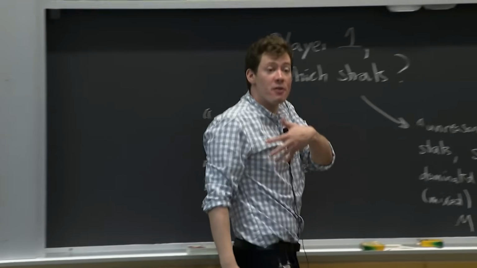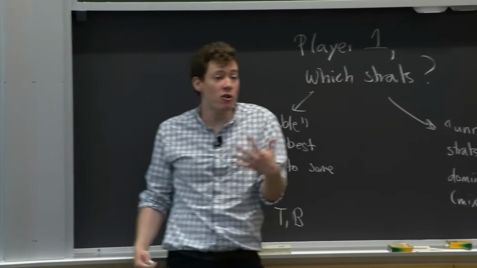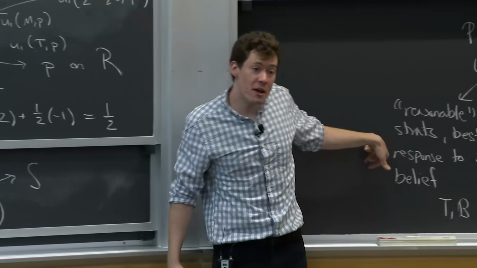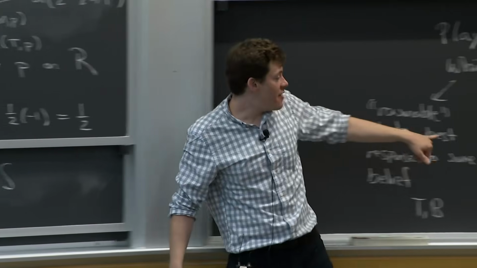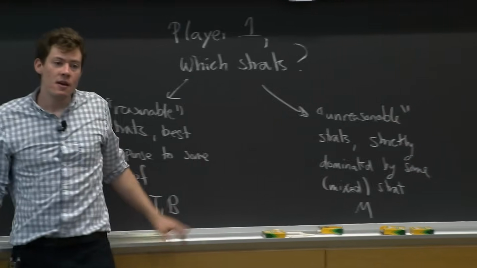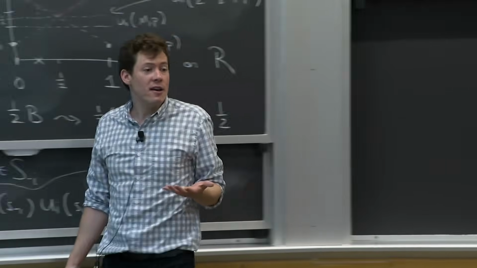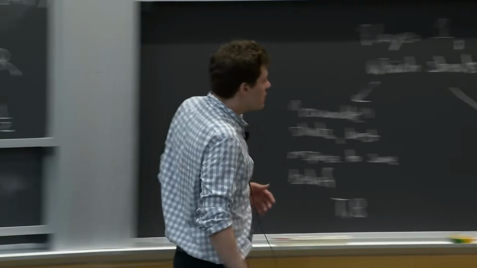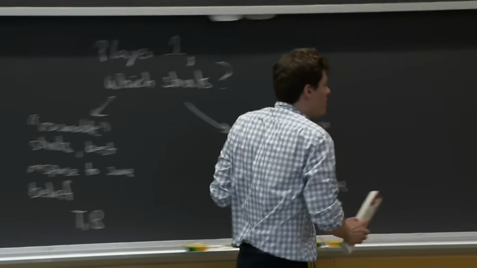Is this a special property of this game? Or is it more generally true that we can always split our strategies into 2 groups: those that are best responses to some belief, and those that are strictly dominated by some mixed strategy? It turns out this is a very general property, and that'll be the first theorem that we state in this course. So let me state the theorem.